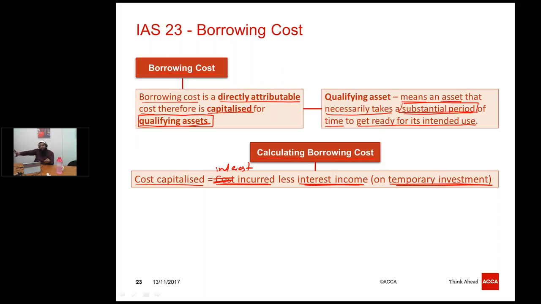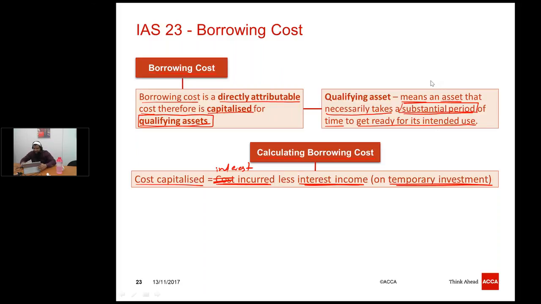The remaining amount will be invested somewhere to earn the interest income on that. So the income that I'm receiving and the interest that I'm paying, the net amount is my cost. I'm paying 1 million interest, I'm receiving 0.2 million interest. So the net interest is 0.8. So the interest to be capitalized is 0.8, the net interest that I've paid.